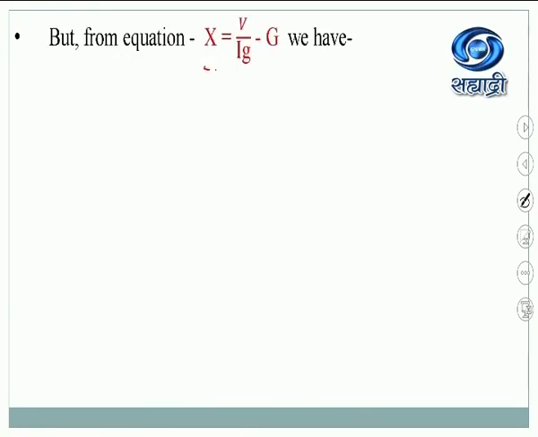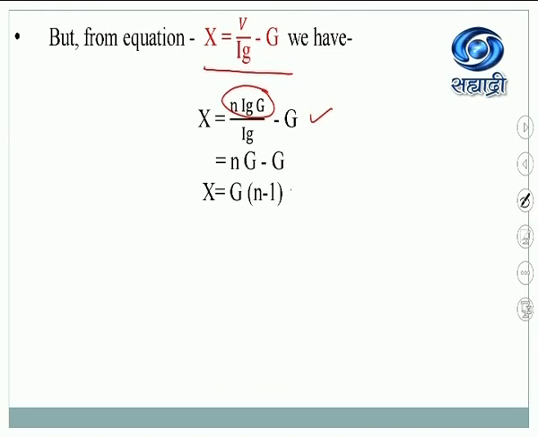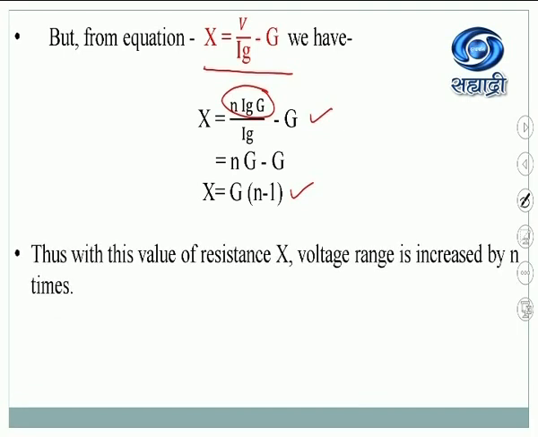From the equation X equal to V upon Ig minus G, which we just saw, we have X equal to N Ig G upon Ig minus G. So we get X equal to N G minus G, therefore X is equal to G into (N minus 1). What is the meaning of this? Thus, with this value of X, the voltage range is increased by N times.